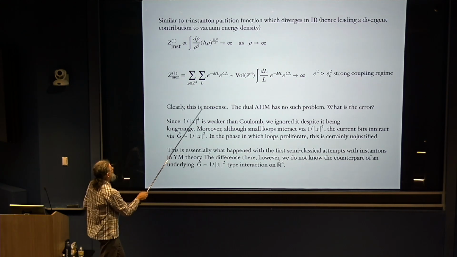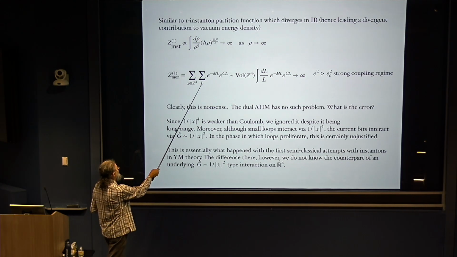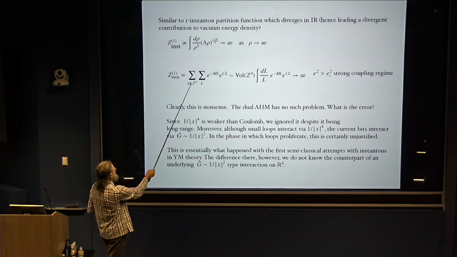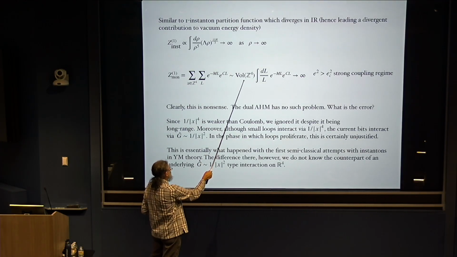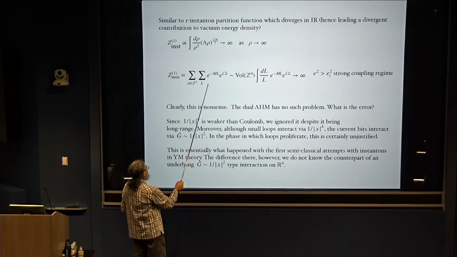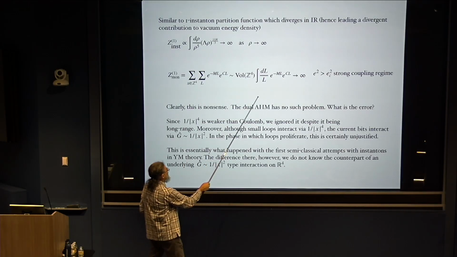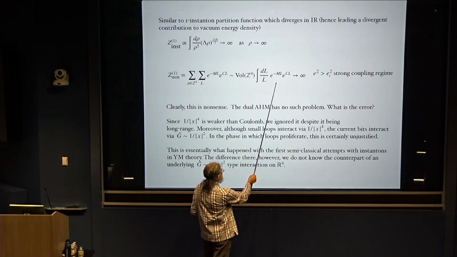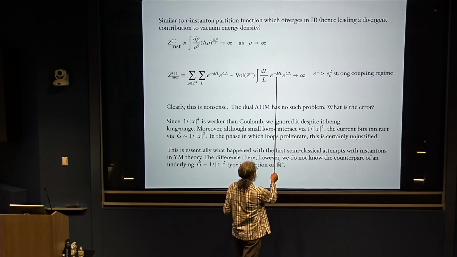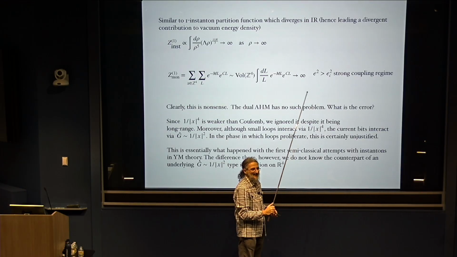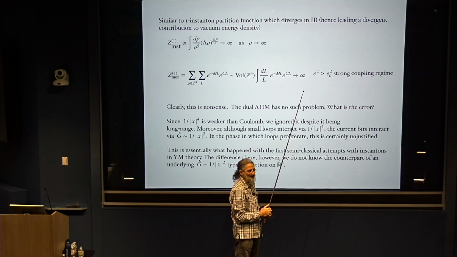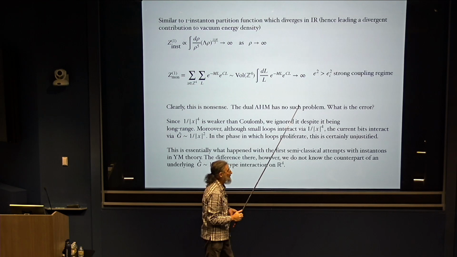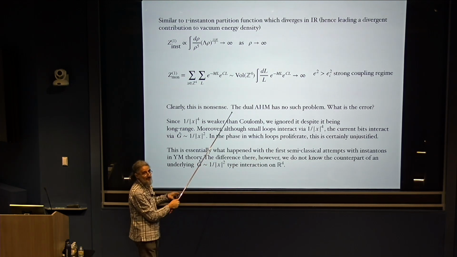So I have to sum over all possible lengths of L with all starting points, and all starting points will give me some volume of the lattice. But the summation over L, if you look at it, whenever you are in the strongly coupled regime, it's an integral of exponentially growing function. It is much worse divergence than in Yang-Mills theory. So this is clearly divergent.